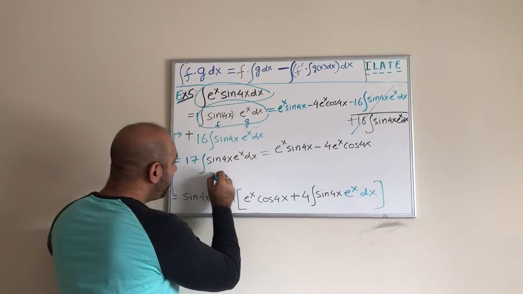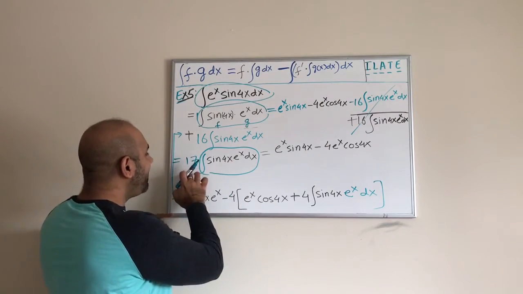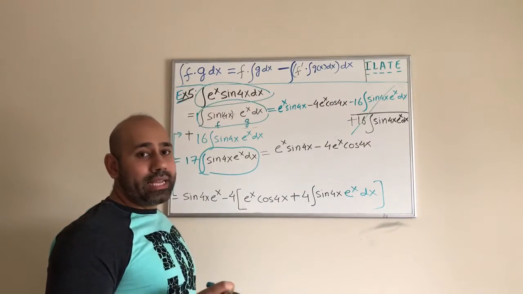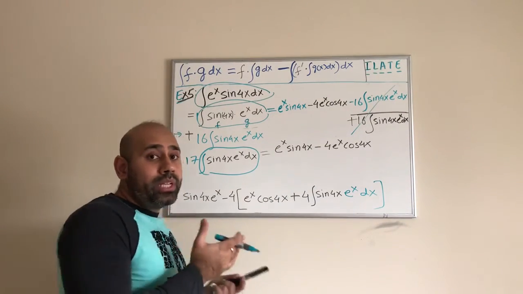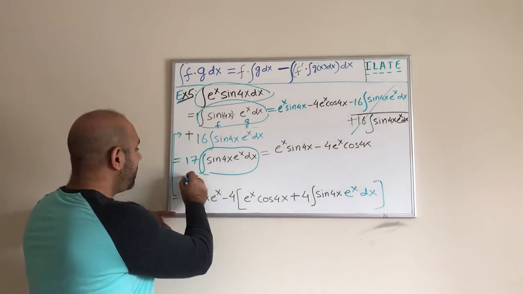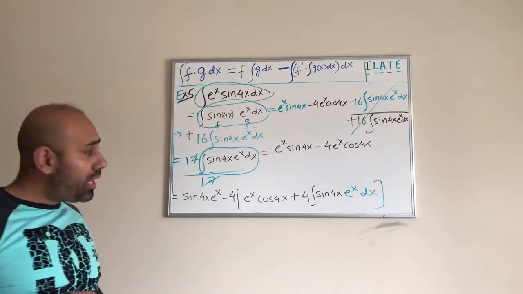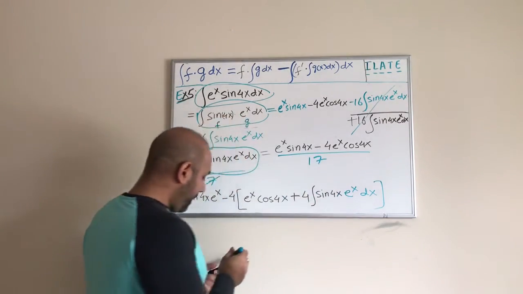So if I just simply want the value for this integral, it's like if I have 17 times x equals to this, and I just want to evaluate the x, you would just divide both sides by 17, right? So you would do the exact same thing here as well. You ought to divide both sides by 17, because the 17s will cross out, and on the right hand side you will have to divide by 17 as well.